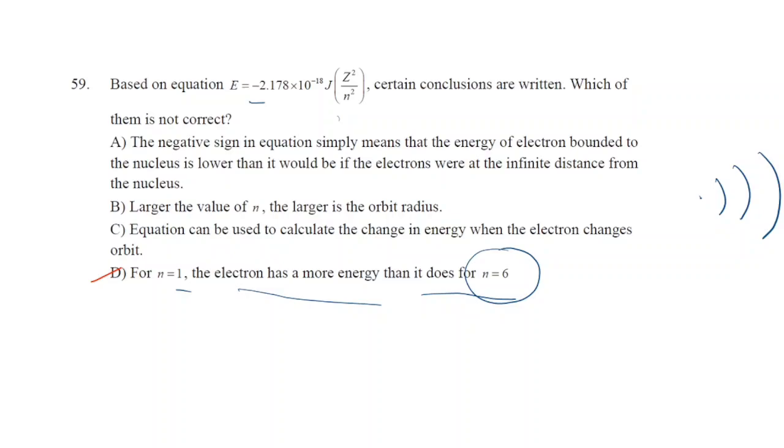Did you understand or not? Once again, no doubt E is inversely proportional to n square, and with the negative sign, as n increases, the overall value is also increasing. That means for n is equal to 1, the electron has less energy when compared with the electron which is at n is equal to 6. So this is the wrong statement. So option D.